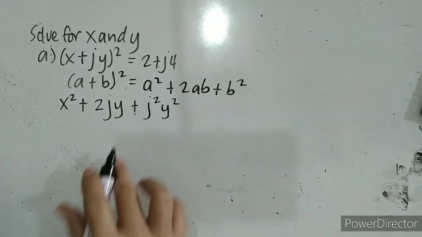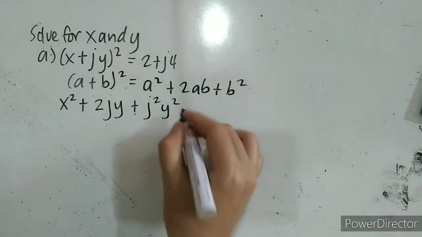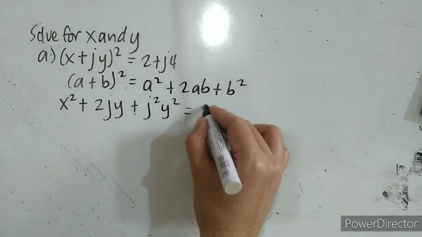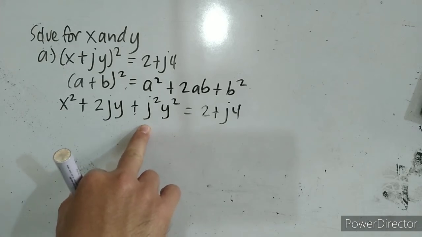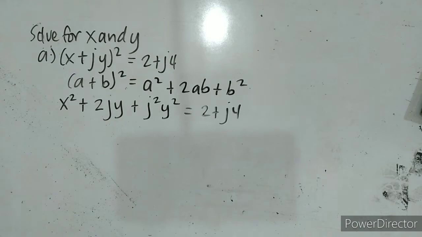We distribute the exponent. The right side is equal to 2 plus j4. Recall that j is square root of negative 1, so j squared is equal to negative 1.